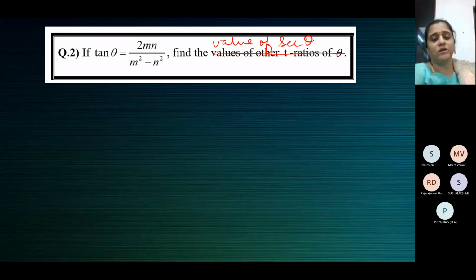You should not use a right triangle. Given tan theta, find the value of secant theta.